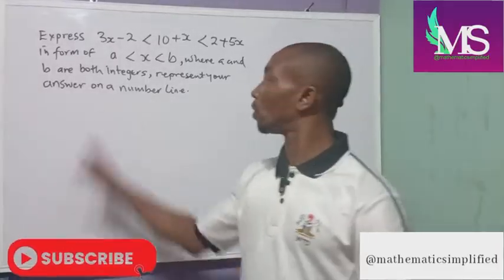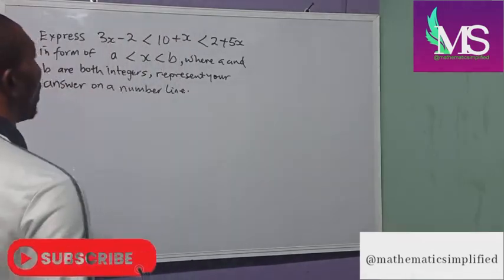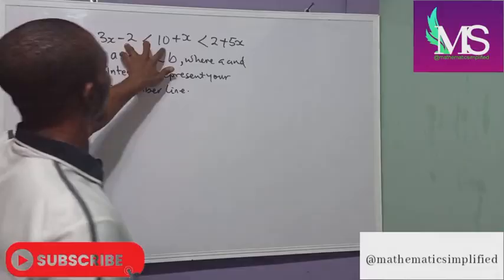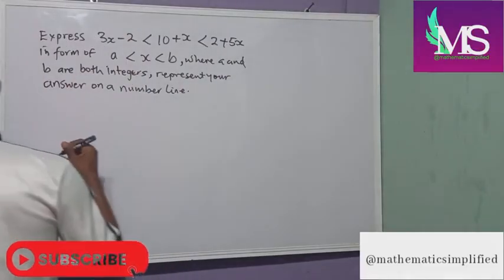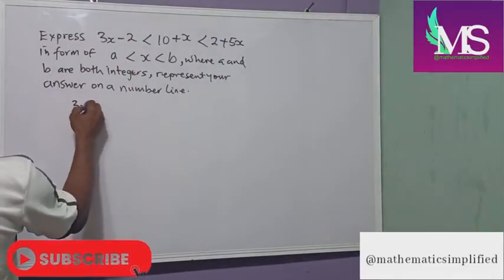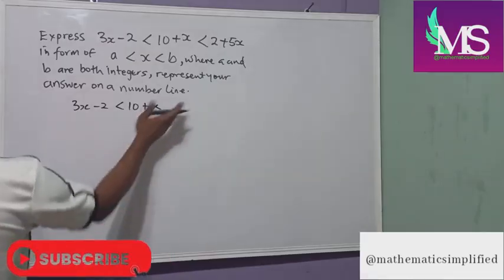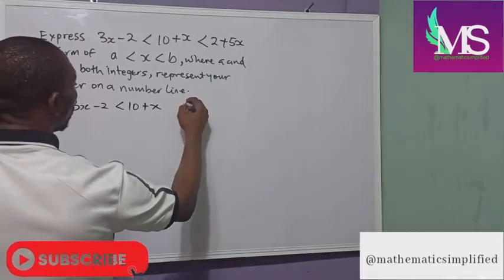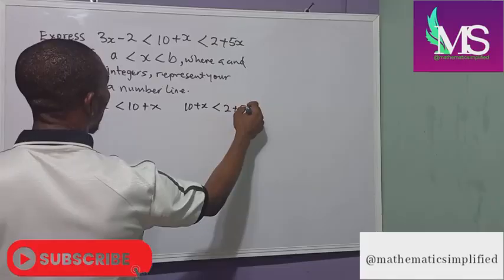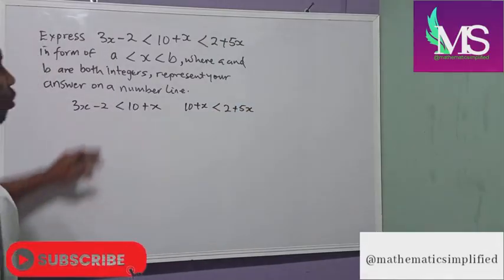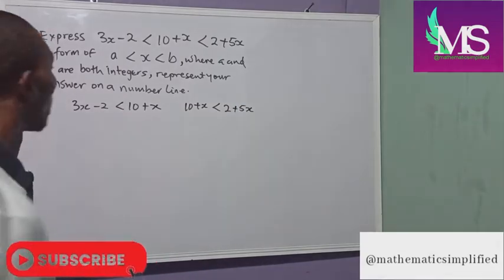Alright, now in dealing with this inequality, we are going to group these two together and these two together. How do I mean? We simply do this. 3x minus 2 is less than 10 plus x. That's 1. And we also do 10 plus x is less than 2 plus 5x. 2. So we are going to solve these two individually to get the value of x in them.